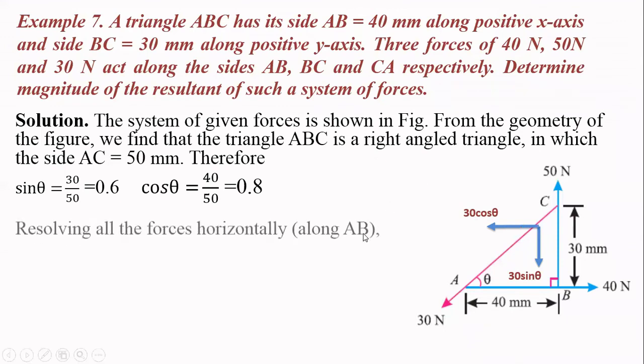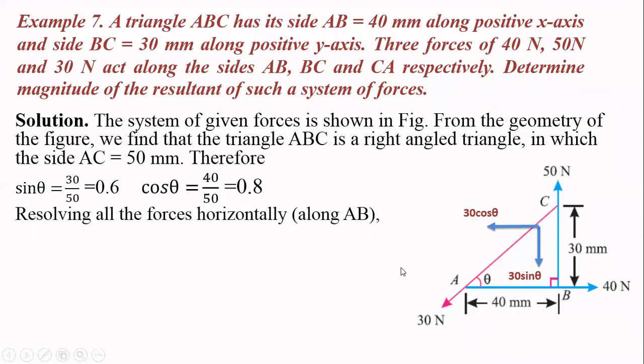Now let us resolve all horizontal forces. Whatever the horizontal forces, let us take the summation. Here summation Fx, horizontal force. First force, let us take this 40. 40 is going to the right side, that's why we are taking it as positive. Now this resolved force 30 cos theta is going to the left side, that's why it is taken as negative.